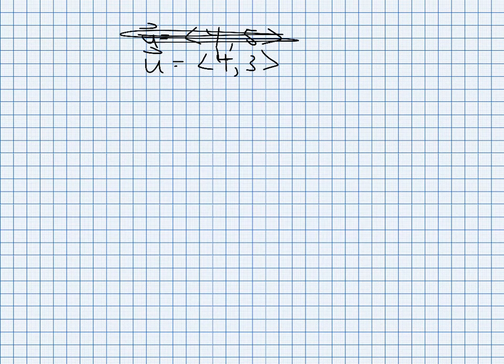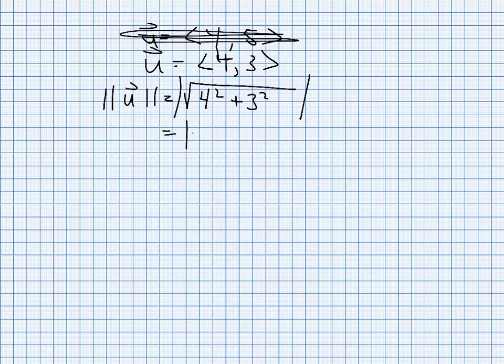Pardon my bad penmanship. So my magnitude of U equals the square root, well, the absolute value of the square root of 4 squared plus 3 squared. And that equals the square root of 25, right?